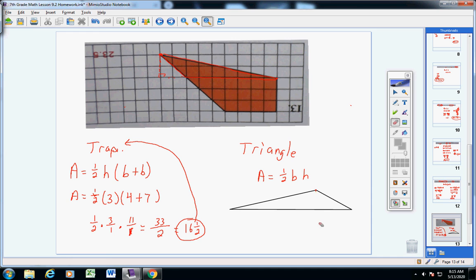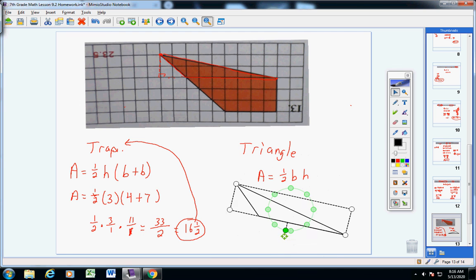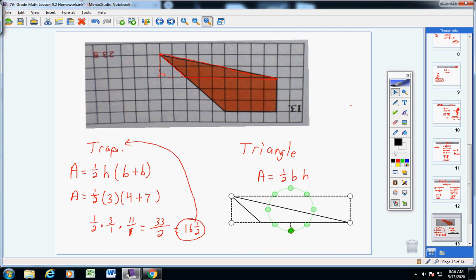So I can take this triangle here and I can flip it like this, and I do know this height right here, and the height would be 1, 2, and then I do know my base from here to here is going to be 1, 2, 3, 4, 5, 6, 7. So this will work. So I do know my height and I do know my base. Okay, so that's pretty good actually.